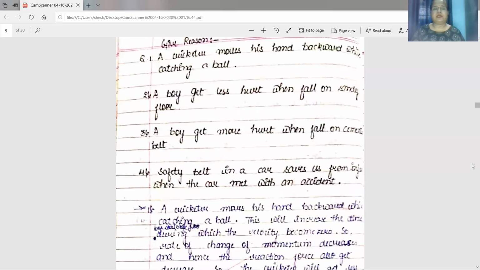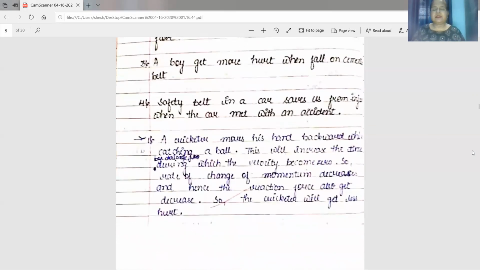So first question: a cricketer moves his hand backward while catching a ball. By doing so, he is increasing the time during which the velocity becomes zero.